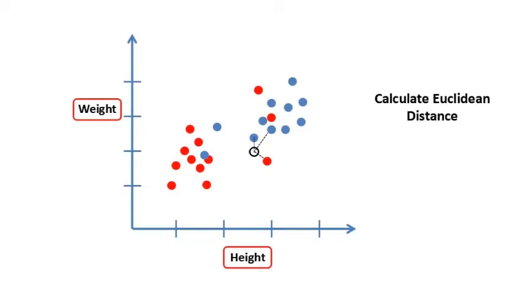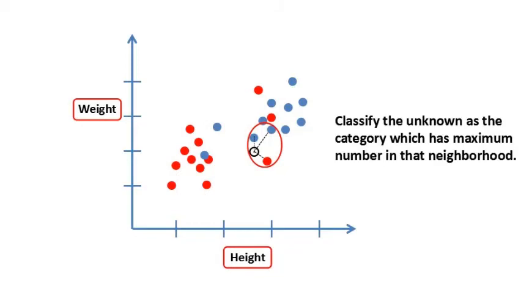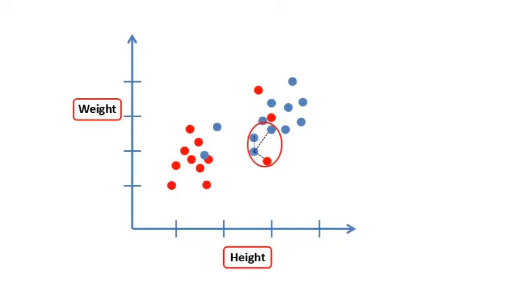Euclidean distance is nothing but a fancy way of showing distance between points in n-dimensional space. Now if we have set k equals 3, then we choose the 3 nearest points to the new observation, which are these 3. Now you can classify the unknown as the category which has the maximum number in that neighborhood. Here we have 2 males and 1 female, so we classify him as male.